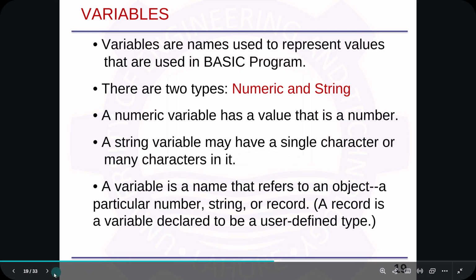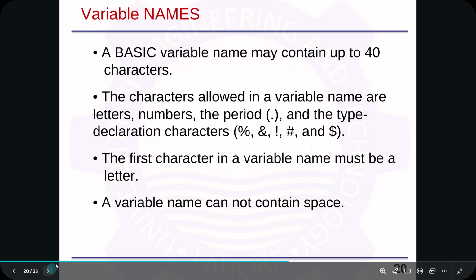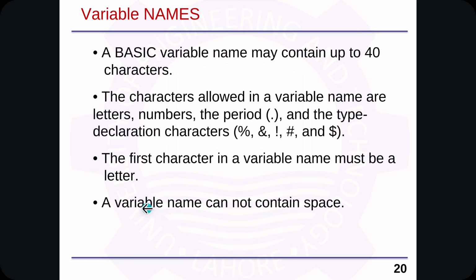So how do we write variable names, or how do we create them? The first character should be a letter, and they should not contain space. There should not be space. Everything must be together. Even if it's a two-part word, you have to bring them together. You have ways which we will discuss later.